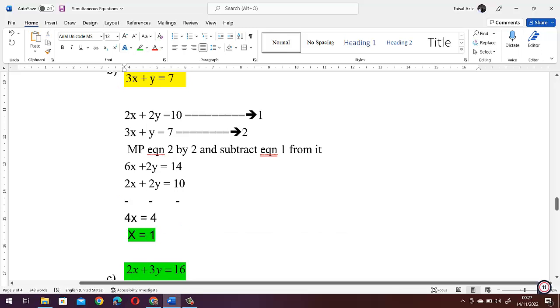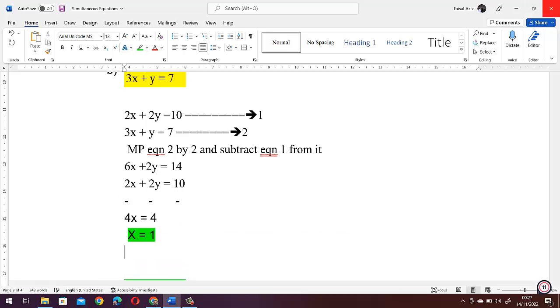Now we can put x equal to 1 in equation, let's say, equation 1. So it will be 2 multiplied by 1, then plus 2y equal 10.